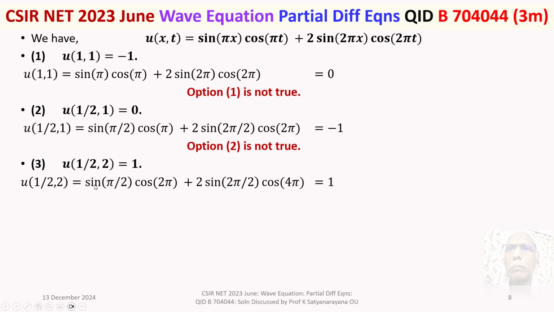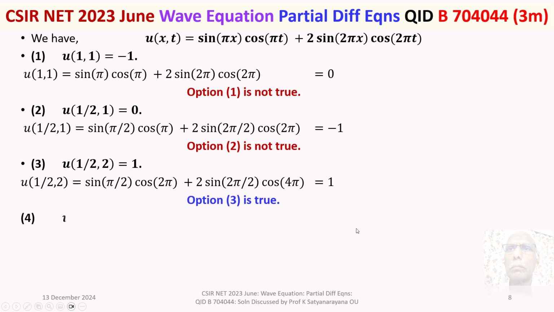Now in this, sin pi by 2 is 1, cos 2 pi is 1, so 1 into 1 is 1, and in the second term sin 2 pi by 2 is sin pi, which is 0. The second term becomes 0, it is equal to 1 and it is given to be 1. Therefore, option 3 is true.